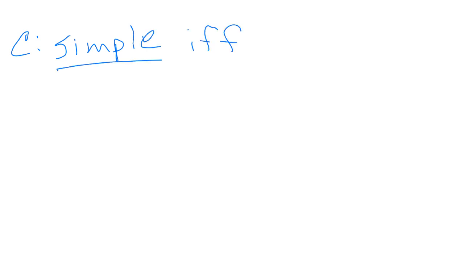We also have simple. We need to define a simple curve. The parametric curve C is simple if and only if there are no multiple points that are the same.